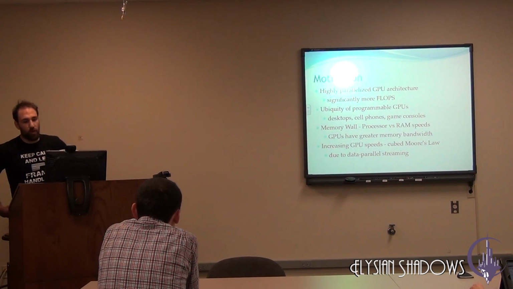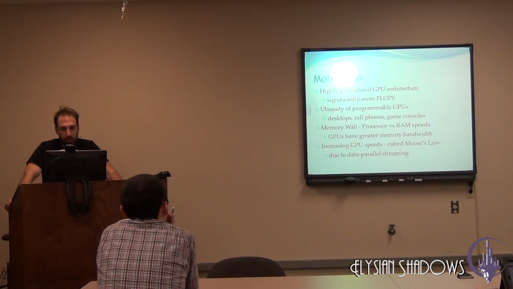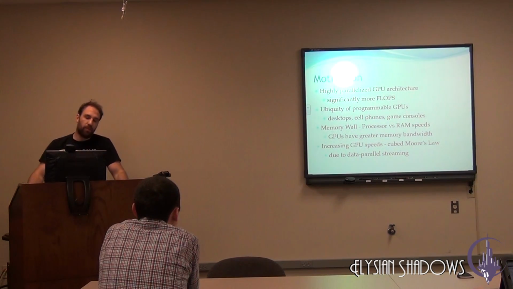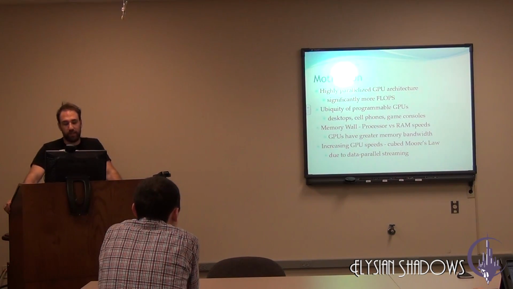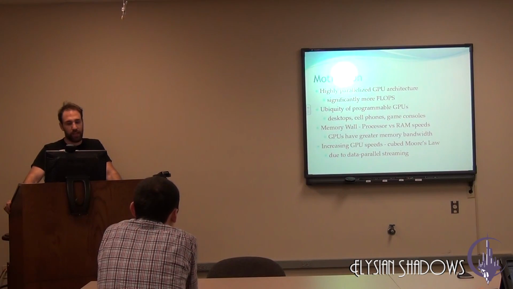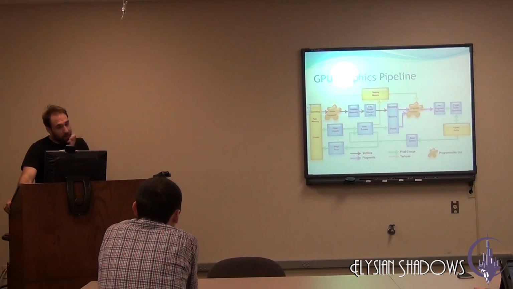Actually, GPU RAM speeds and bandwidth are increasing quite a bit more quickly than CPU RAM, so the memory wall on a GPU is not as pronounced. GPU speeds are also increasing at a much higher rate than CPU speeds. By some estimates it's Moore's law cubed, due to the streaming nature of GPUs.